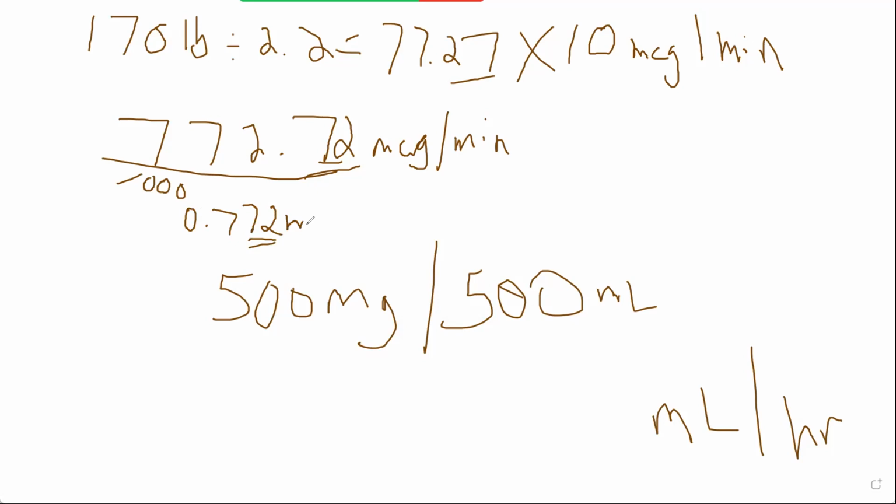And that's milligrams per minute. Now we're going to multiply this by 60, okay, to give us 1 hour. And this times 60. And that should give you 46.36.